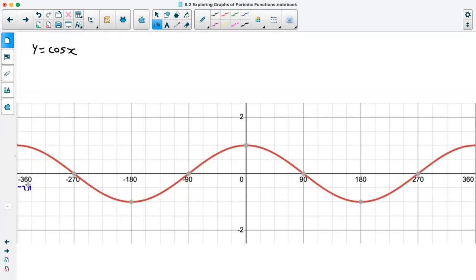So that'd be negative 2 pi, negative 3 pi over 2, negative pi over 2, pi over 2, pi, 3 pi over 2 and 2 pi. And you'll see we have an amplitude of 1. Our midline is at 0. We have one y-intercept, but we have many x-intercepts.